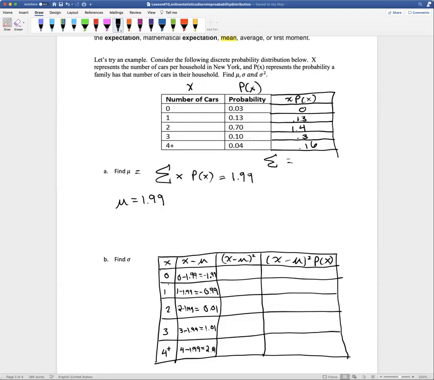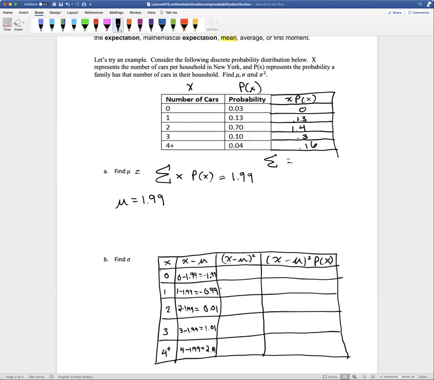So if a household has 0 cars, this is 1.99 units below the mean, right? Because remember, the mean is about 2 cars, or 1.99 cars. If somebody has 1 car, that's 1 car less, or negative 0.99, which is very close to negative 1, than the expected value. 2 minus 1.99 is almost exactly the expected value, right? 1.99 is very close to 2. This is 1 more car than the expected value, and this is 2 more cars than the expected value.